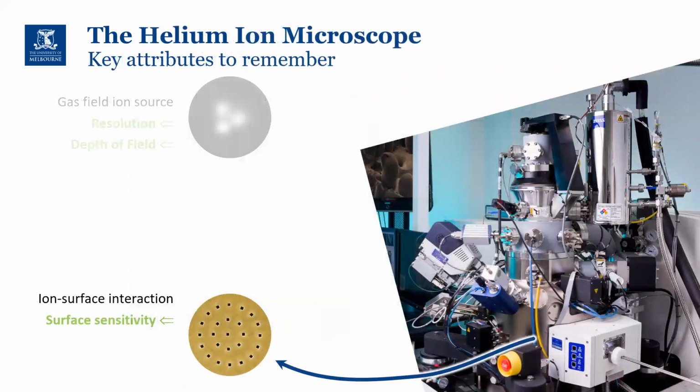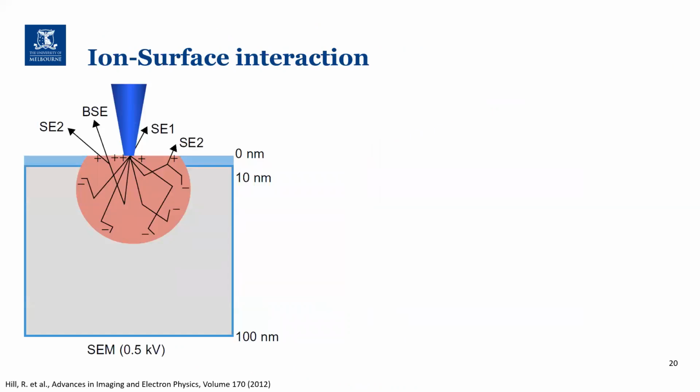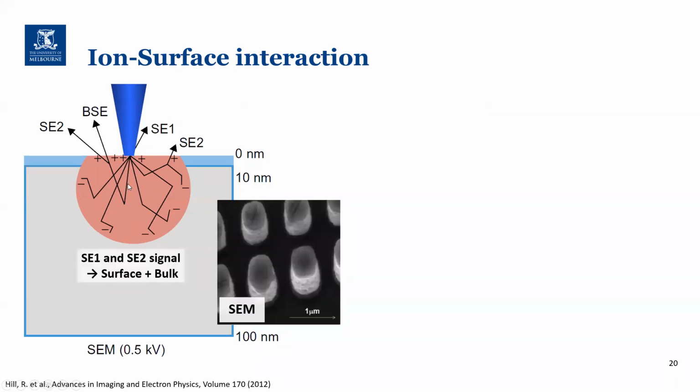This is due to the ion surface interaction. If you think about an electron beam, we have a probe coming in and the electrons will hit the surface, create secondary electron emission from that point, but then they'll continue to travel into the sample. When they do this, they scatter around and generate SE2 secondary electrons, and they also generate backscatter electrons.